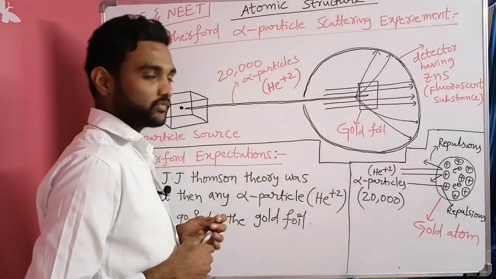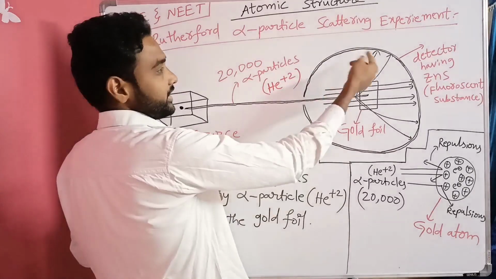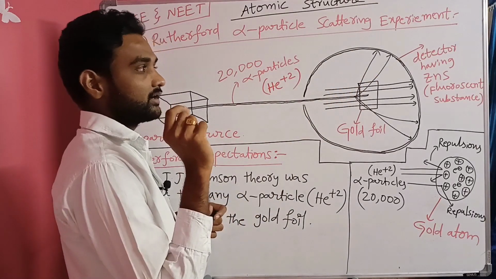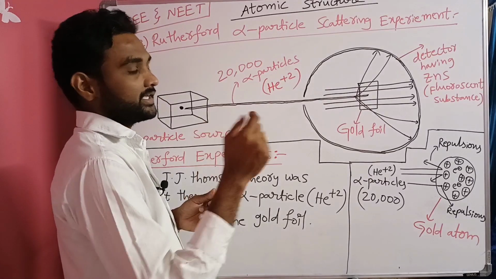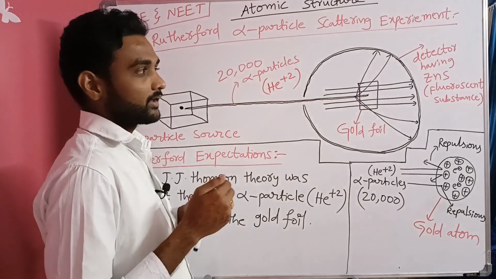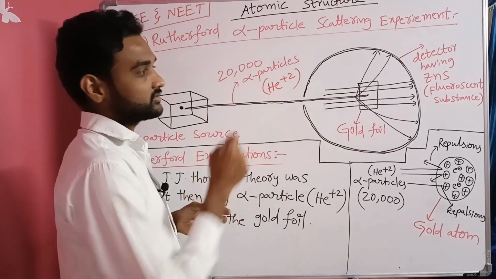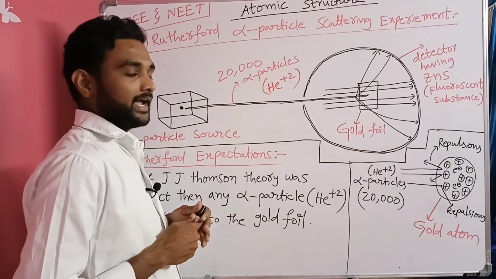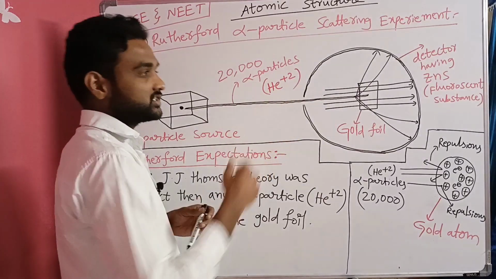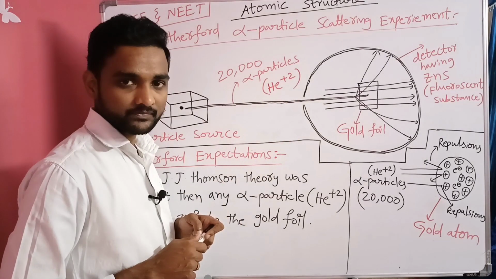What is the use of zinc sulfide? When the alpha particles strike the detector, the ZnS, zinc sulfide, glows. This is the use of fluorescent material. What is a daily life example of fluorescent material? Do you know, students?